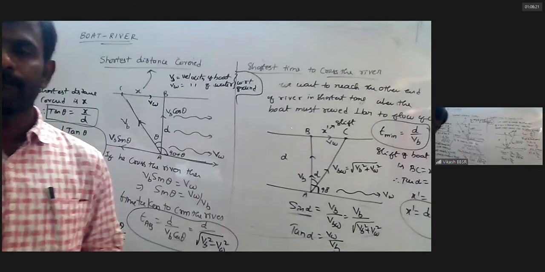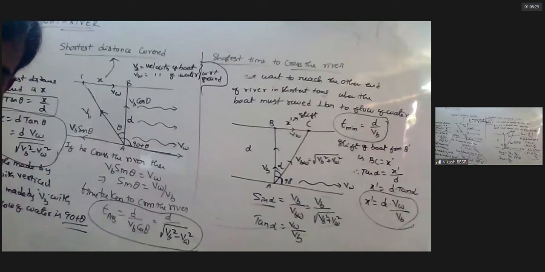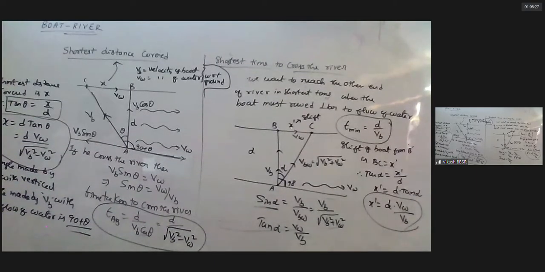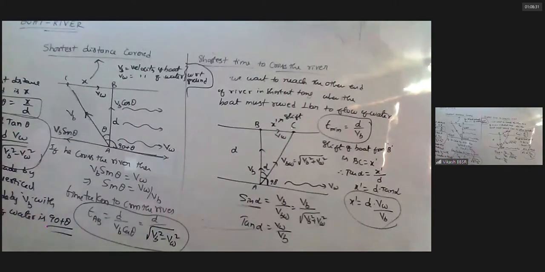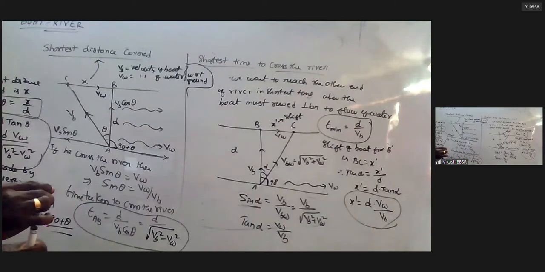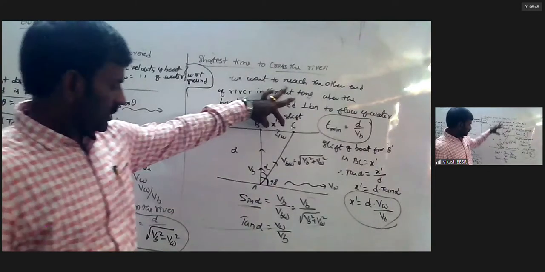Nothing written, right? Kameshwar, now visible. See how I have written the formulas there. Sin alpha, right, or wrong I have written?